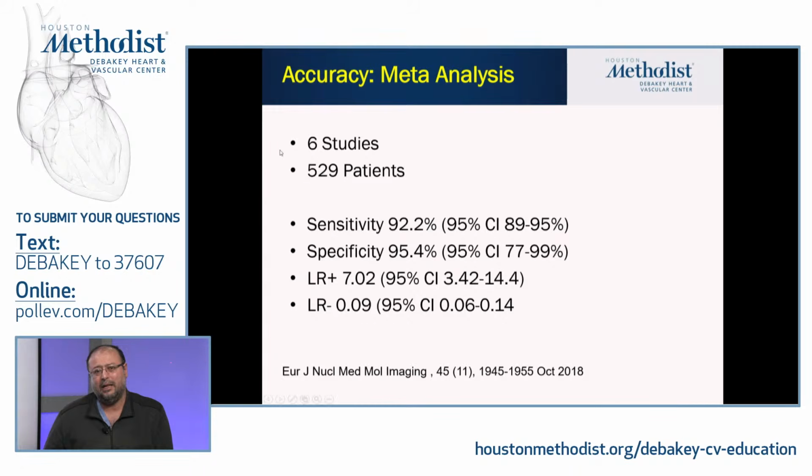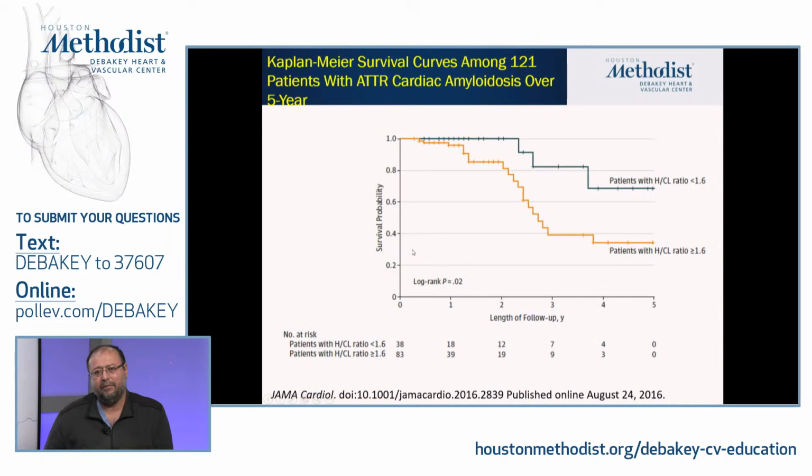In fact, a meta-analysis of 6 studies looking at 529 patients showed very high sensitivity and very high specificity, above 90%, for detection of ATTR amyloidosis in these patients. And it does have prognostic information above 1.6. So those who have a ratio above 1.6 have worse outcome compared to those with less than 1.6 heart to contralateral lung ratio.